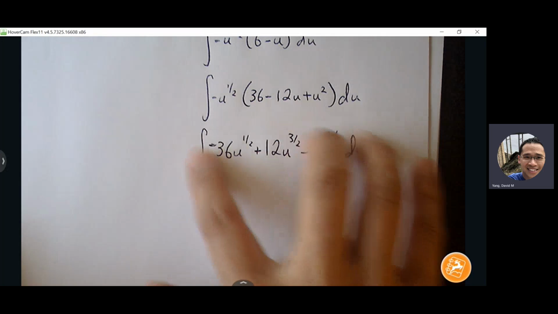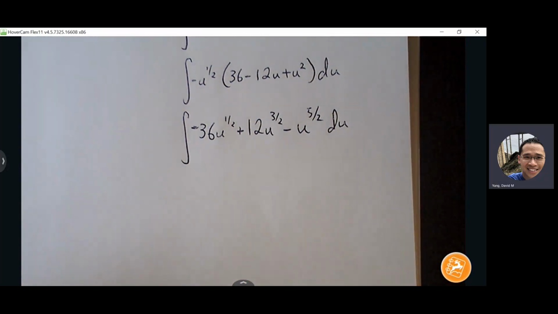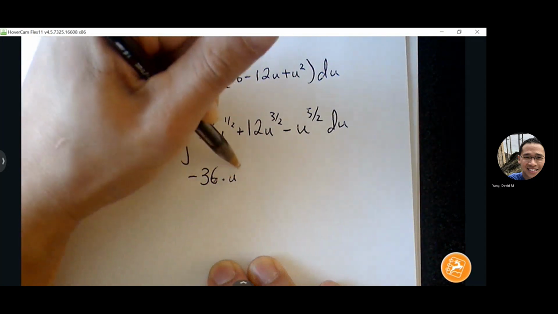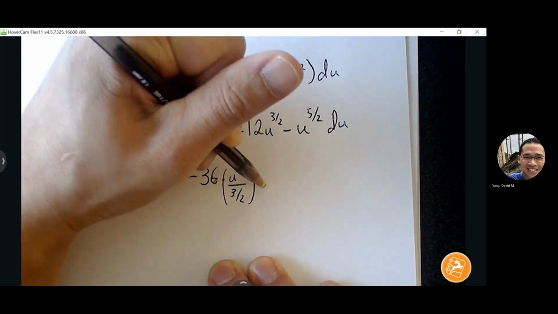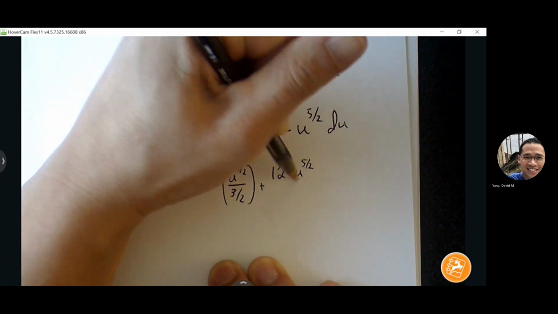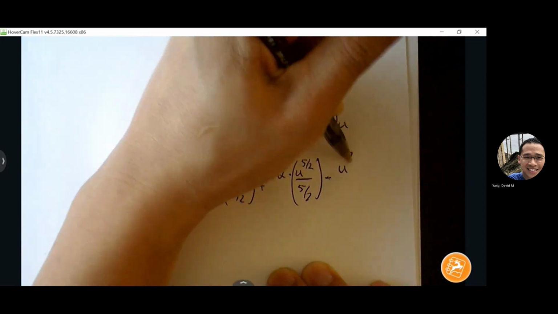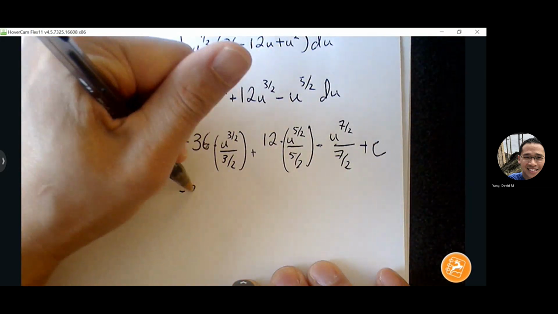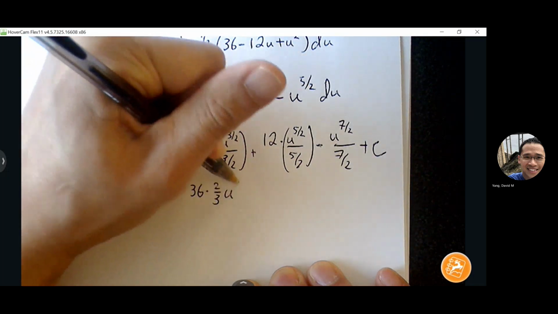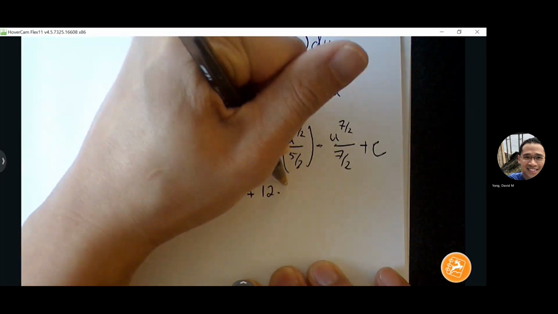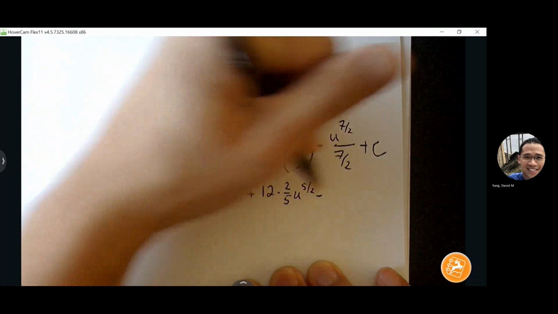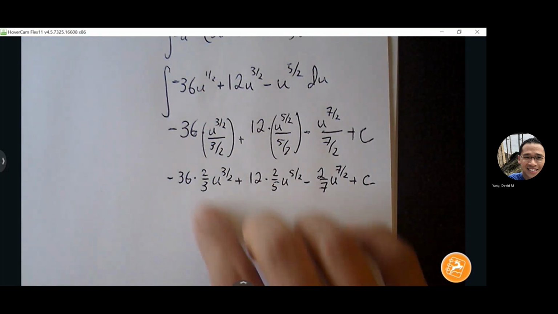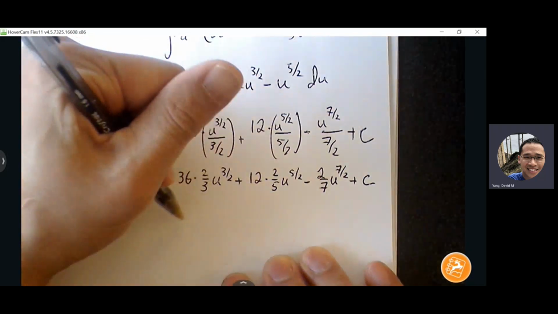Right, so now we can jump into power rule. Every term is nicely ready for us. All the x's have been taken care of, all the parentheses have been taken care of. Okay, 36 divided by 3 is 12. 12 times 2 is 24.